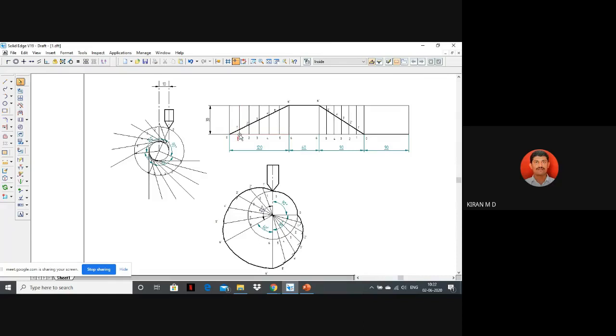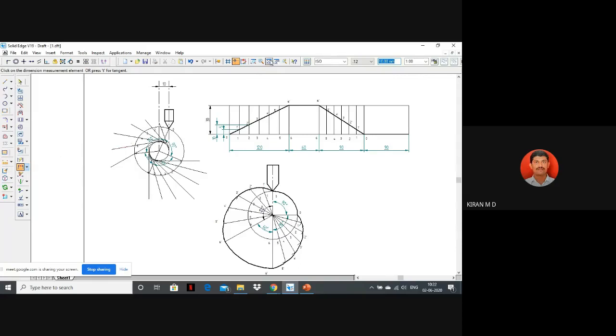So in compass, you just measure 1 to 1 dash, from 1 you mark the point, you'll get 1 dash. From 2, you mark the point, you'll get the 2 dash. But in this case, we have to measure the distance, because here I can't use the compass. So 5, 10, 15. It will come like this actually.